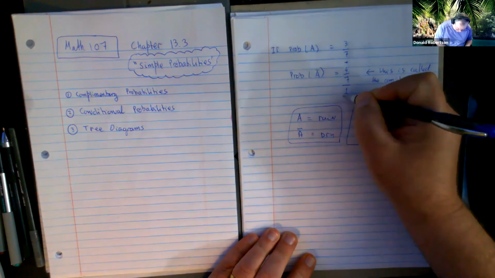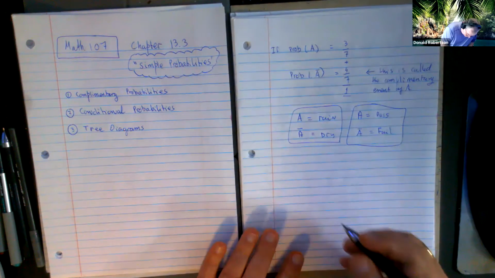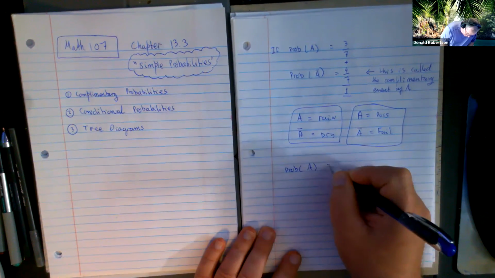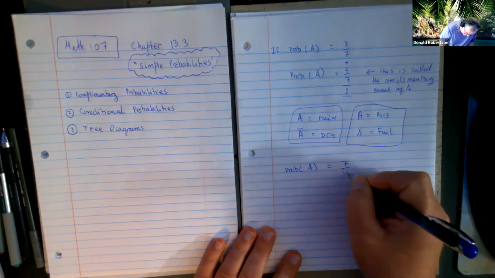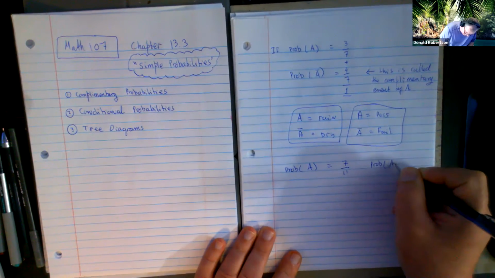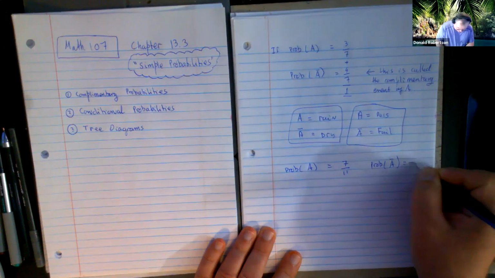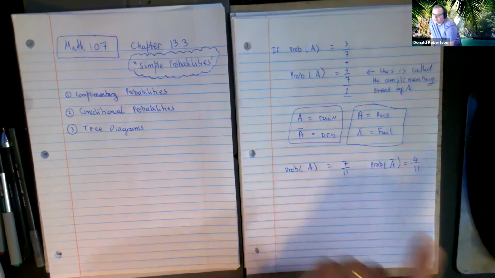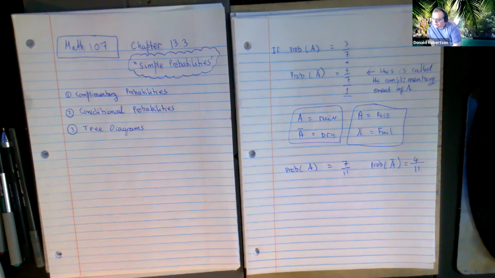And that's how we figure out who the other one is. So if I said to you, the probability of A was 7/11, then the probability of its complement, A bar, would be, well, whatever's left, 4/11. You see how that works? It's really quite straightforward. If you know A, you can find its complementary probability.